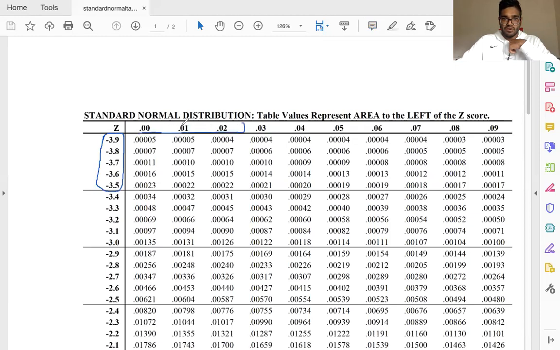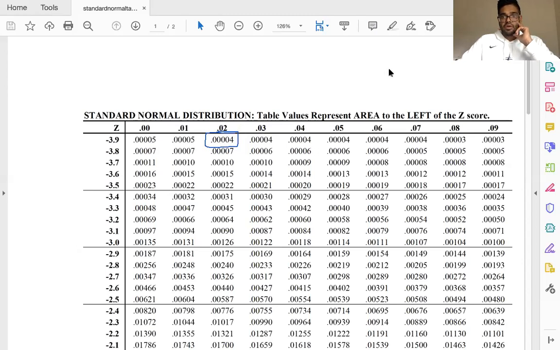For example, this value right here represents the percentage, or the probability, when you have a z-score of negative 3.92. So this 0.0004 is the probability for a z-score of negative 3.92.